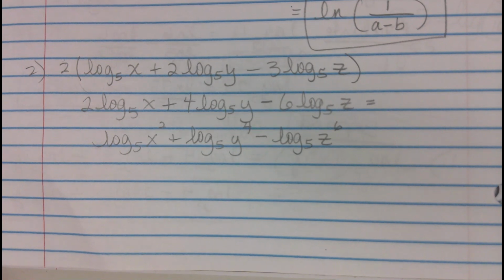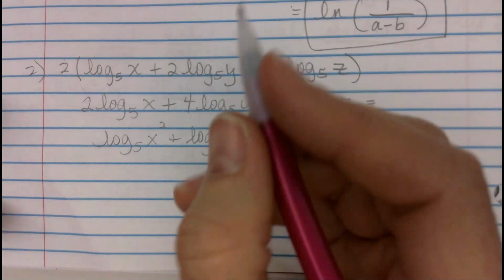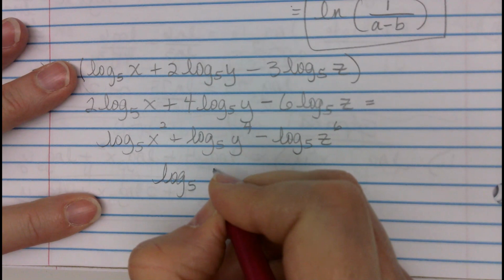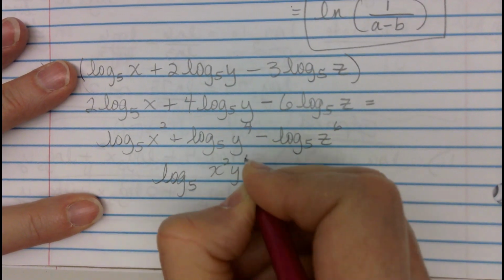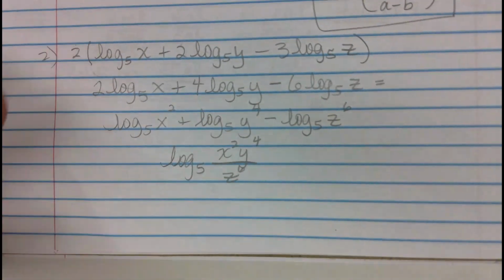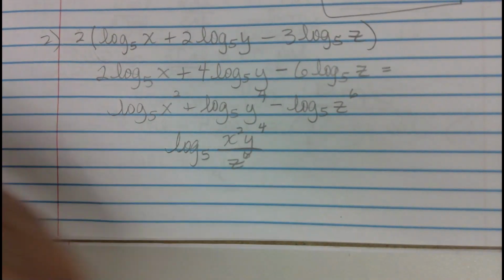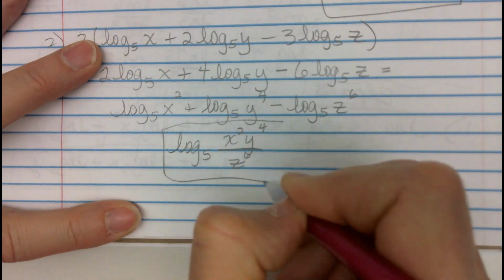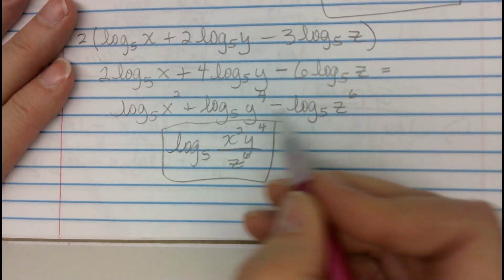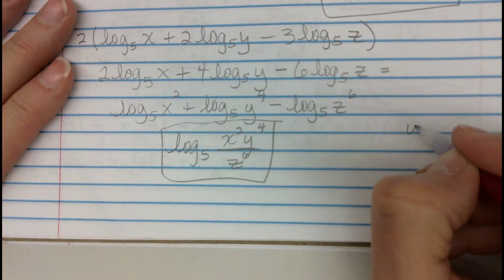No. So now, what does the addition and subtraction turn into? Multiplication. Yeah, the x squared is multiplied by the y to the 4th, z to the 6th. Now, in the last class I had to prove, well, it looks to me like this z to the 6th is only being divided by the y to the 4th, correct?